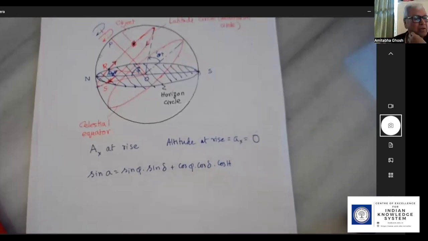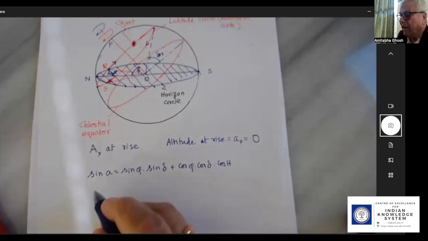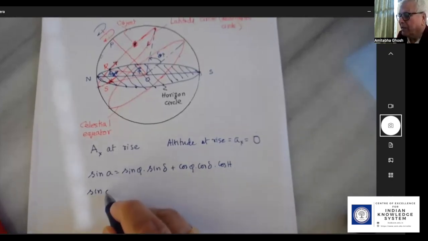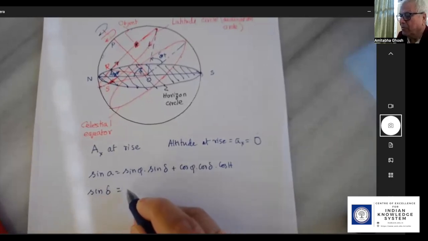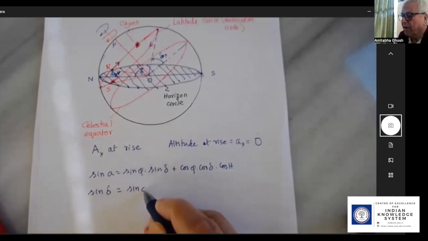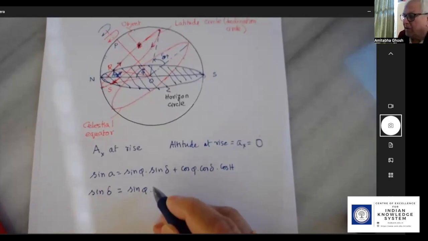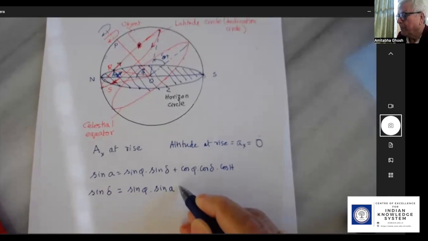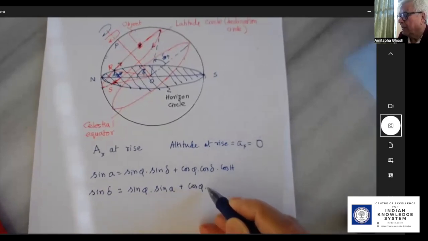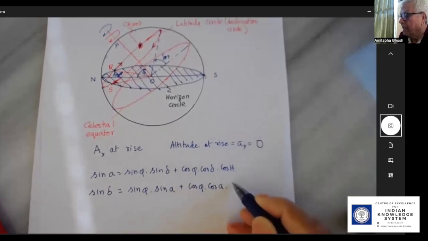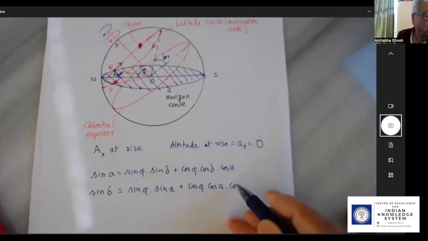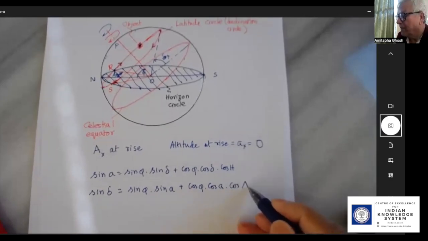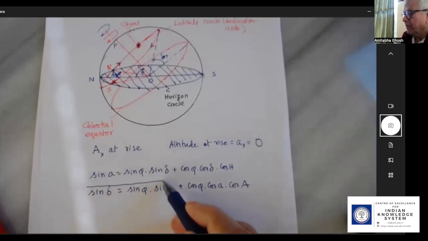So we have to consider the relation for the horizon system. So that is what sine delta, we derived another relation, sine delta equal to sine phi into sine A plus cos phi into cos A into cos. This is the formula we need, which we derived.